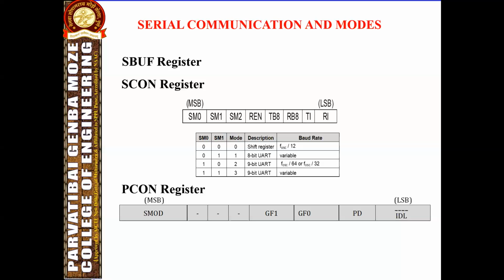Each character or data is placed in between start and stop bits. This is called framing. The start bit is always 1 bit, but the stop bit can be 1 or 2 bits. The start bit is always low, followed by the character and 1 or 2 stop bits high.